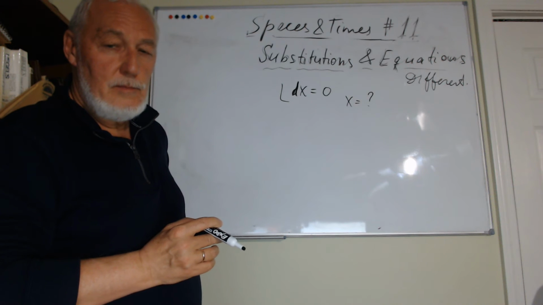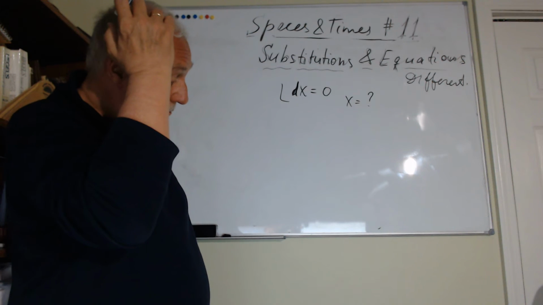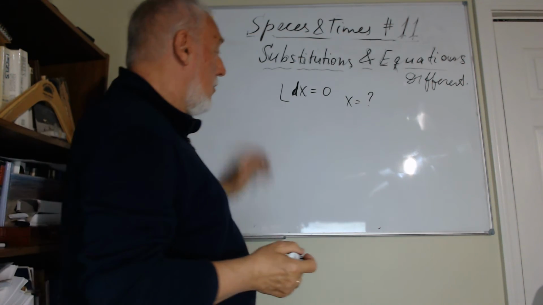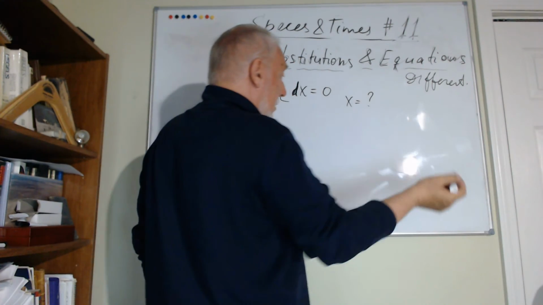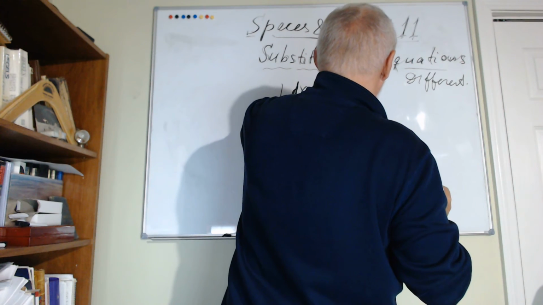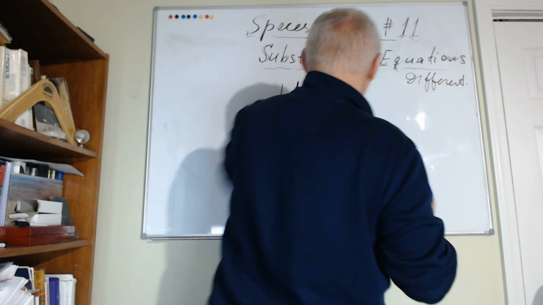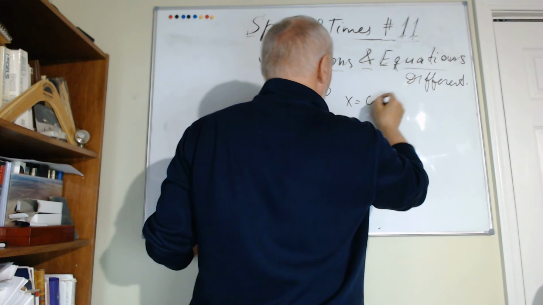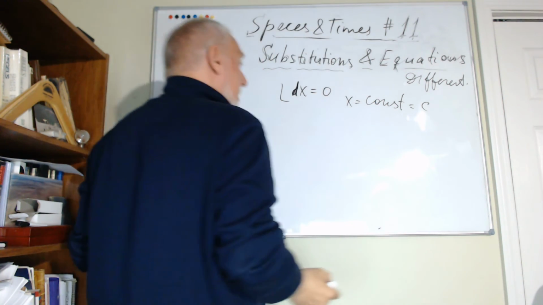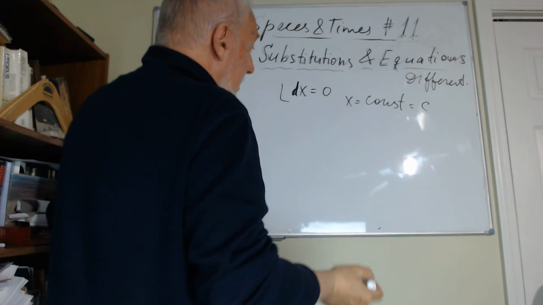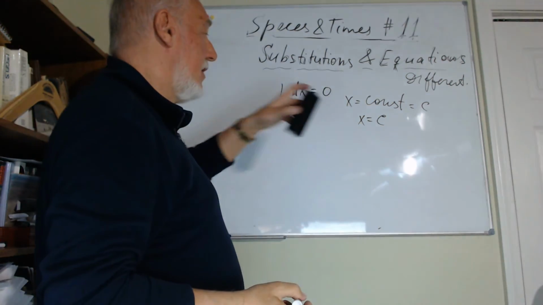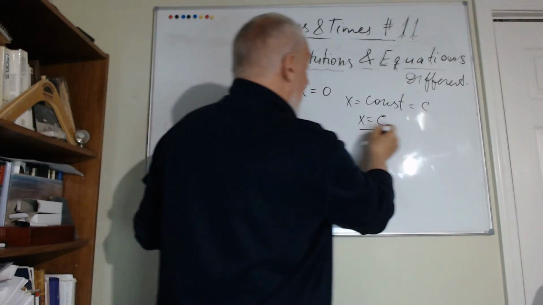The derivative of what function is 0? A constant. So x equals a constant. Usually they write it like this, just C, like constant. So yes, this is the solution: x equals C. This is the solution of this equation. It's a constant function.